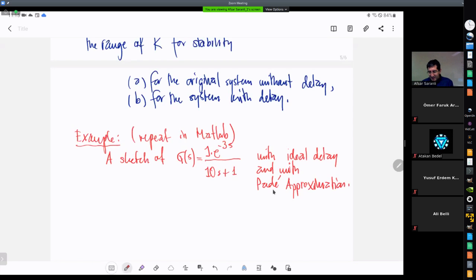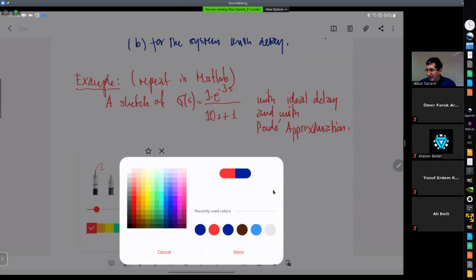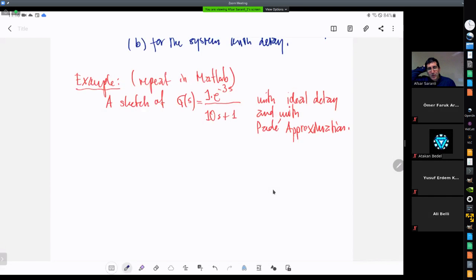Now, with the ideal delay, actually the sketch is simply the response of the system without delay, simply shifted by 3 seconds to the right, because ideal delay is simply a shift in the time axis. Okay, so if I wanted to sketch this, in fact, what I'm doing is I'm sketching a first order system with a time constant of 10.